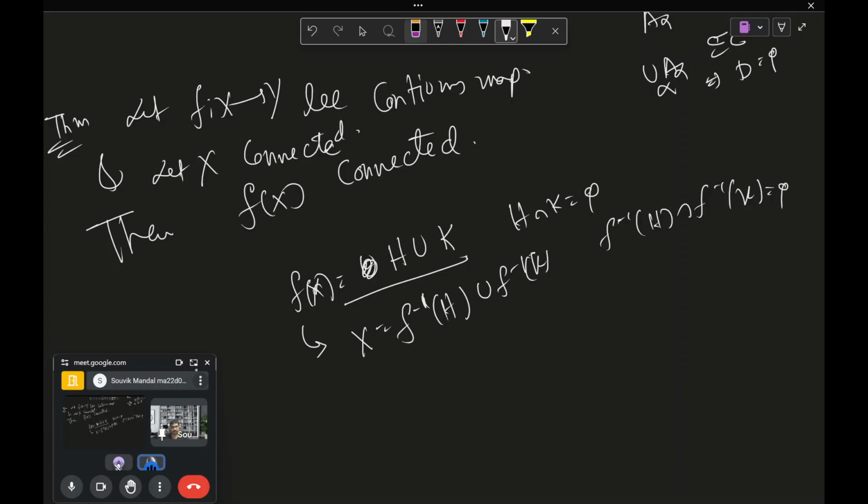And that has to be empty. That's the conclusion. So H and K open. So I think now everybody gets how to do it, right?